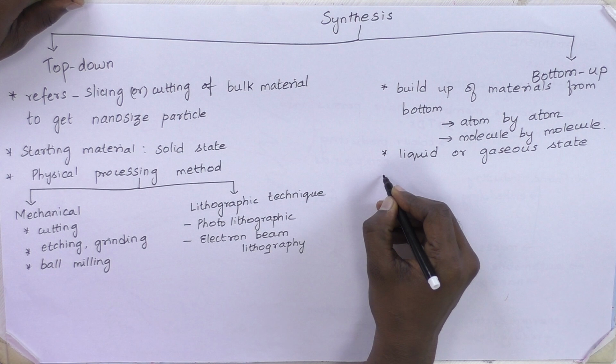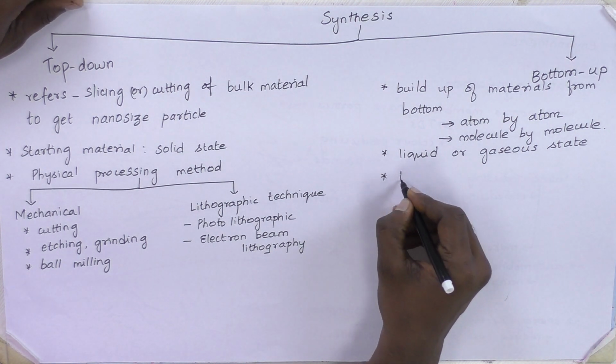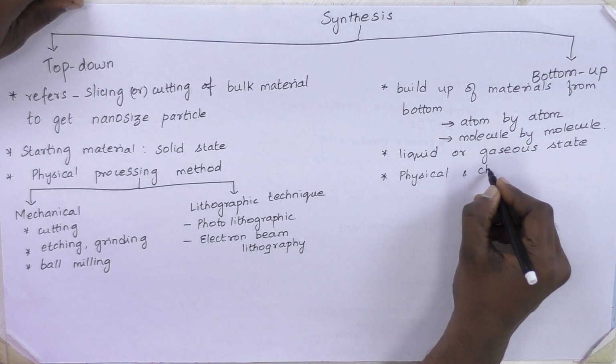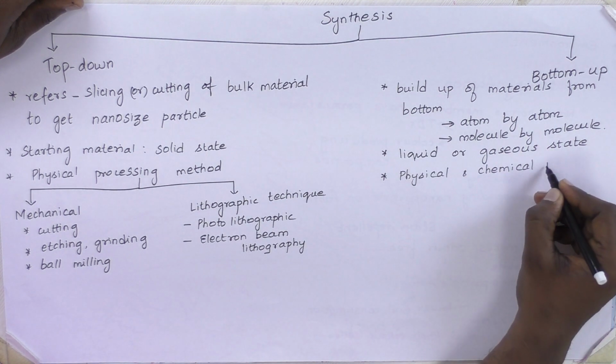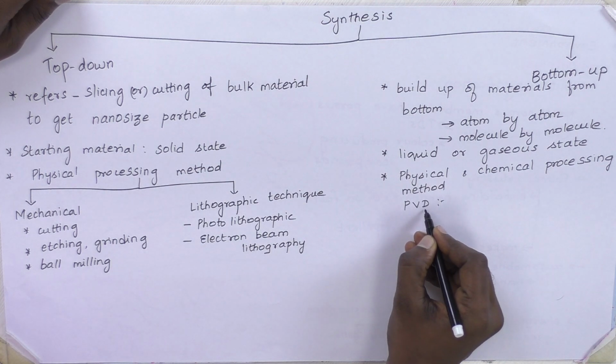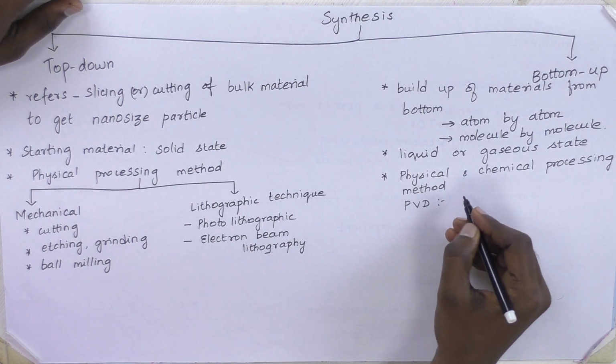In the case of the bottom-up approach method, it involves physical and chemical processing methods. So here we are using two types of method: physical vapor deposition and chemical vapor deposition methods. PVD means physical vapor deposition.